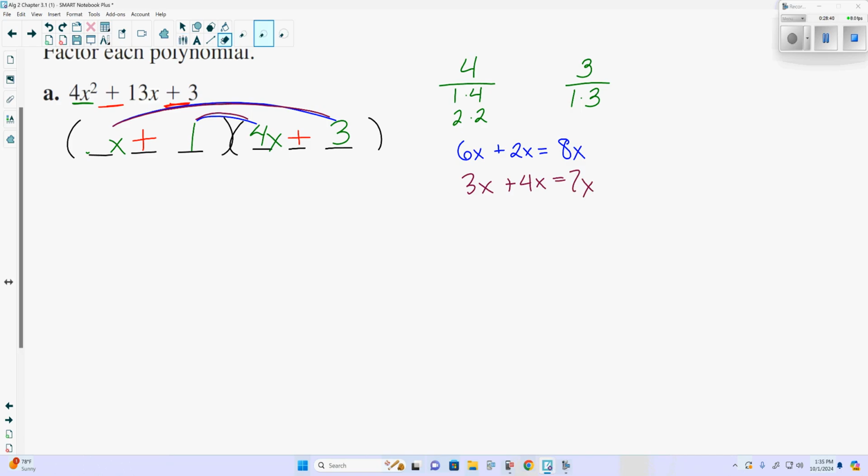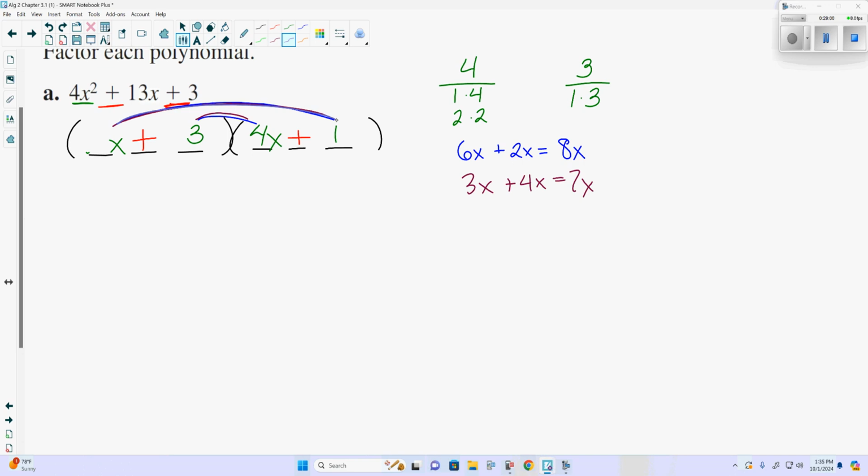Is that the middle term we wanted? No. Well, we can flip the 1 and 3 this time, because again, it might give us something different. Because we don't have the 3 and 1. Let's try it again.